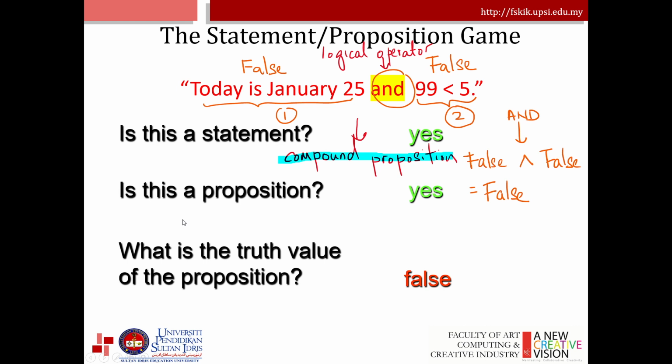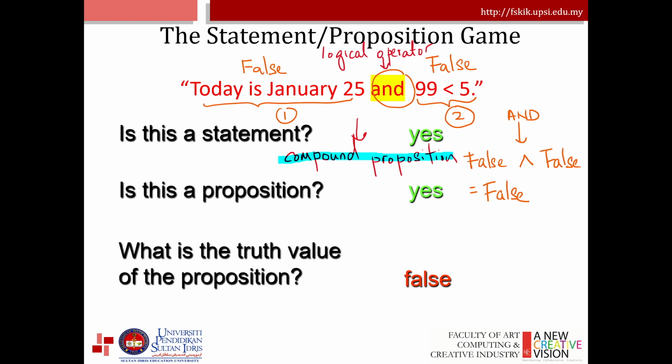Is this a proposition? Also yes. What is the truth value of the proposition? We assume it as false, because if we go by the truth values, false and false is equivalent to false. Later we see the compound proposition.